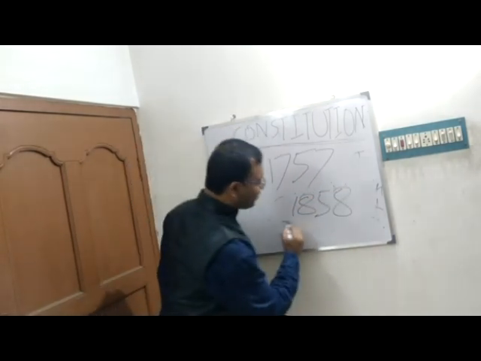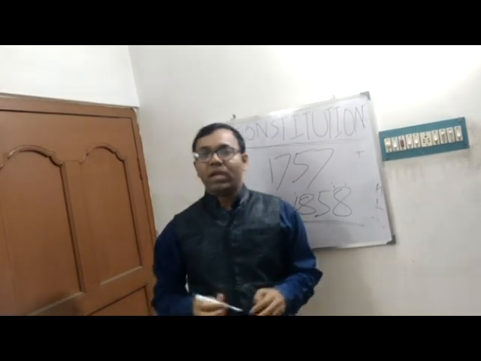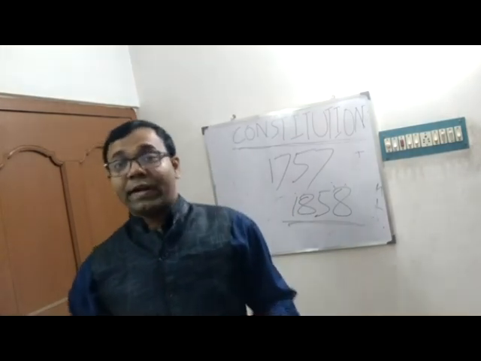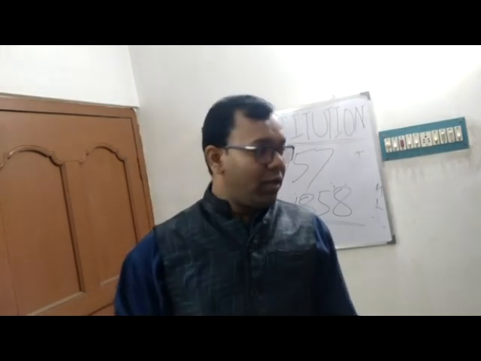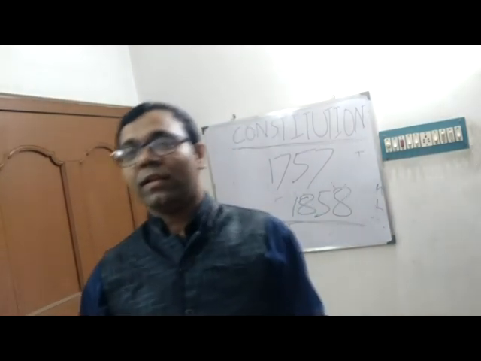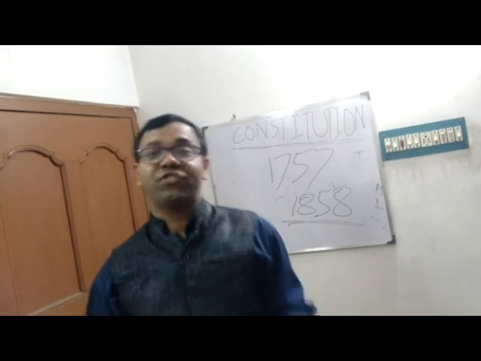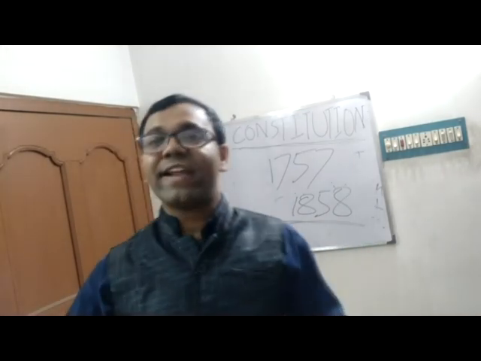In 1858, the British Crown took all administration into its hands, meaning they directly wanted to interfere in Indian administration.